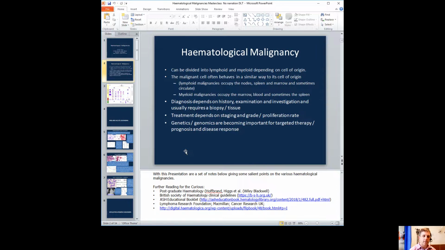The treatment depends on two things: the grade of the malignancy, so how aggressive it is, and that's usually how fast it's dividing, and the stage, so where it is in the body, how extensive it is, and that usually requires some imaging, either a CT or a PET scan. And then our treatments are becoming more and more refined according to the genetics. For that, we usually do various investigations, which I can talk about at another time, but we'll touch on those as we go.